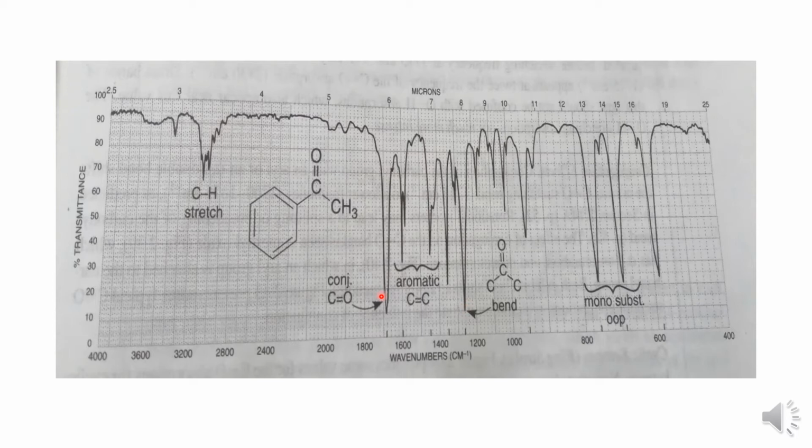These are the two important frequencies of a ketone. This frequency is the aliphatic CH stretch, the CH3 CH stretch. These two bands show the aliphatic CH stretch, and these two peaks are for aromatic C=C, and these two peaks show aromatic monosubstitution. This is a normal IR spectrum of a ketone.